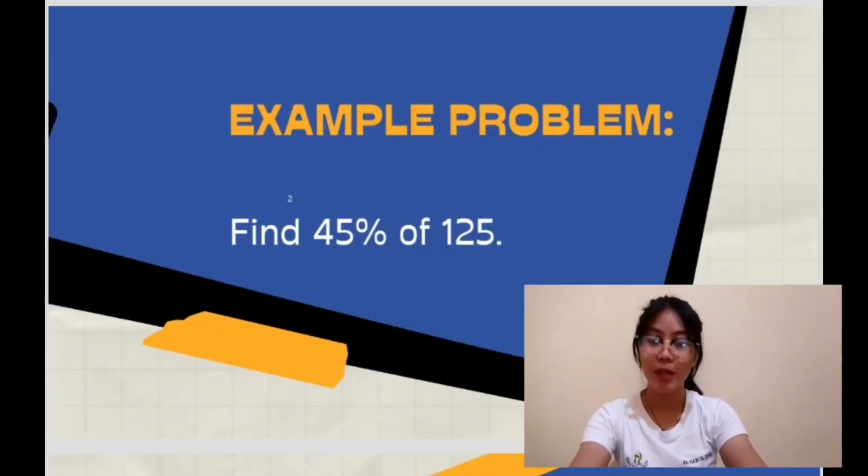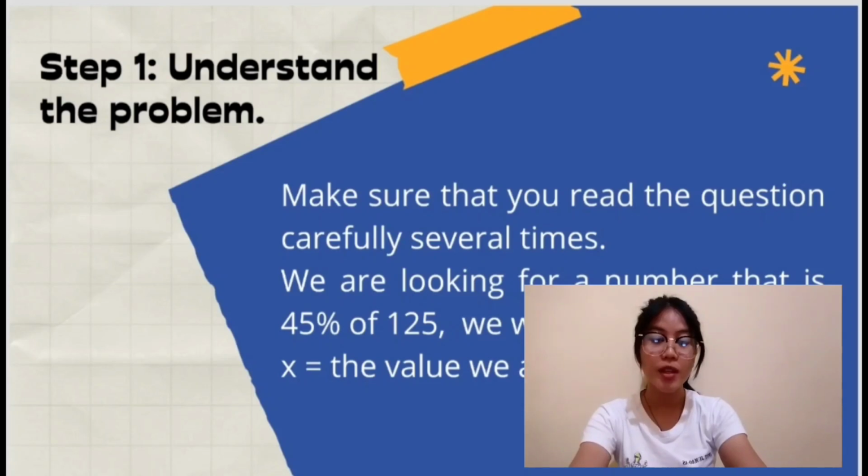So for example, find 45% of 125. In step 1, make sure that you read the question carefully several times. We are looking for a number that is 45% of 125. We will let x equal the value we are looking for. Step 2.